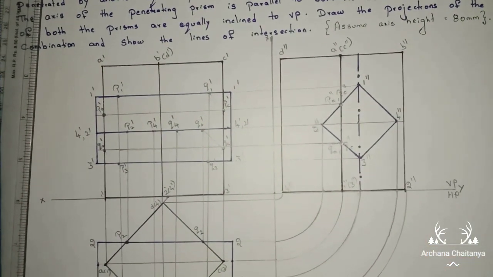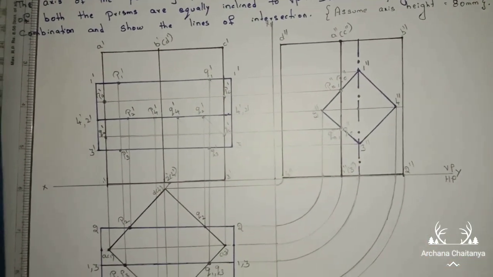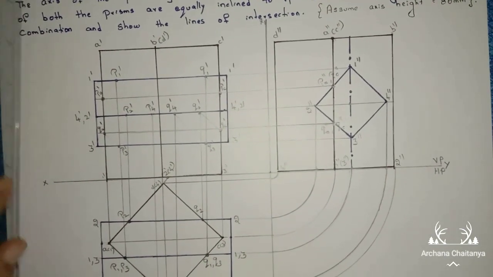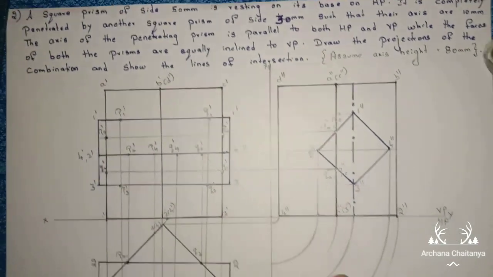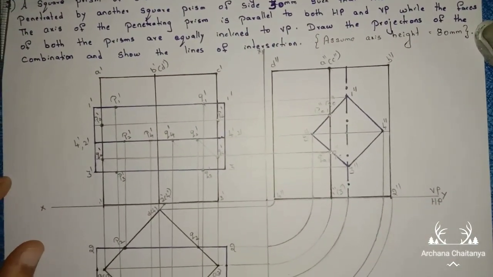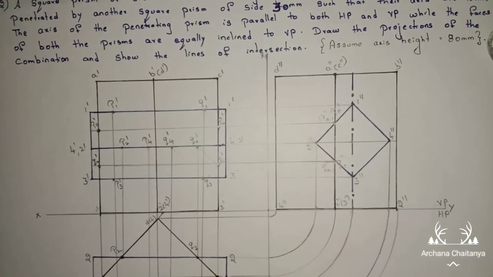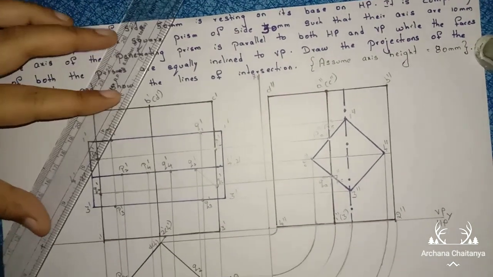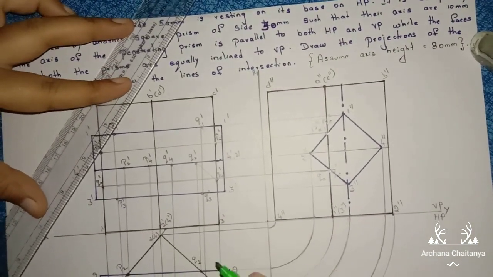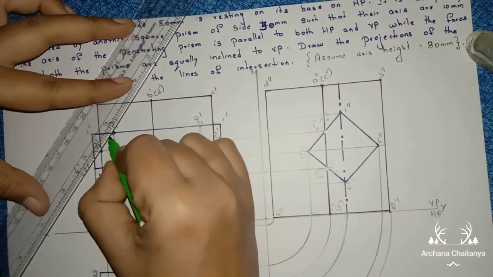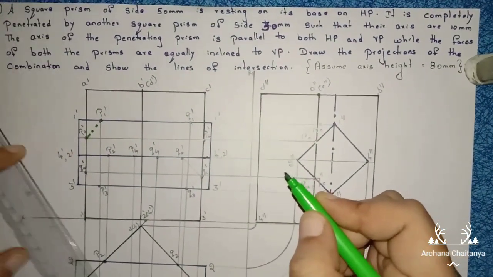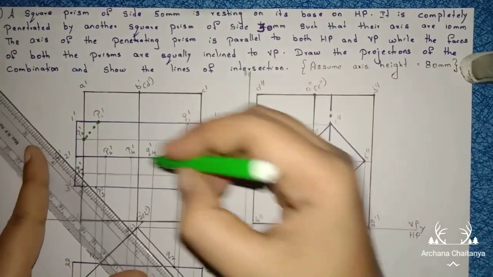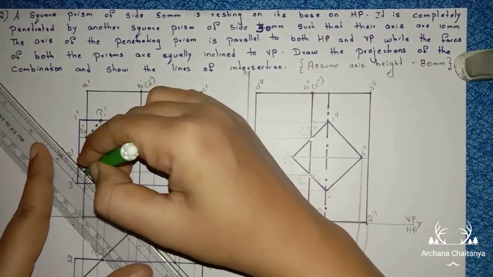Right, now join this one. Join here with the help of scale. Join PA dash P1 dash. Join P3 dash QA dash.